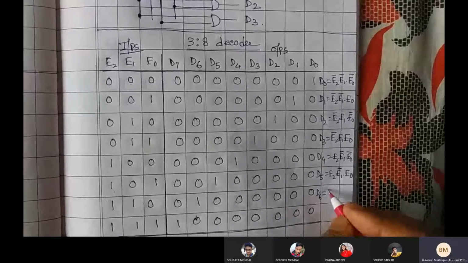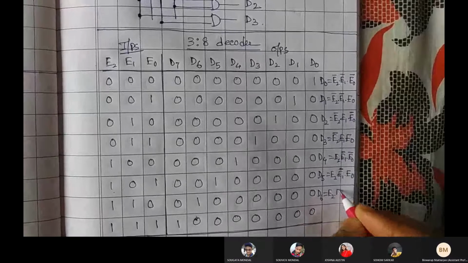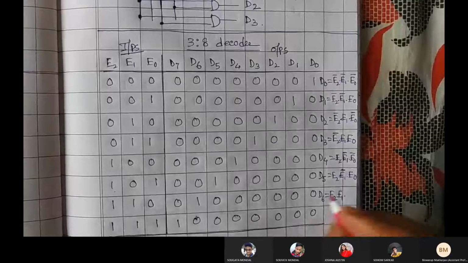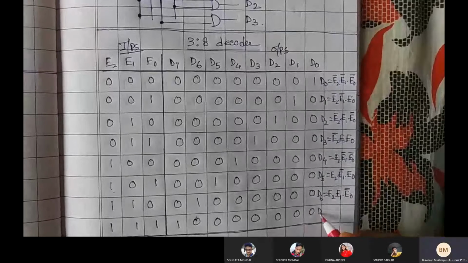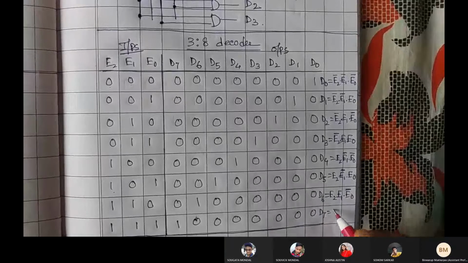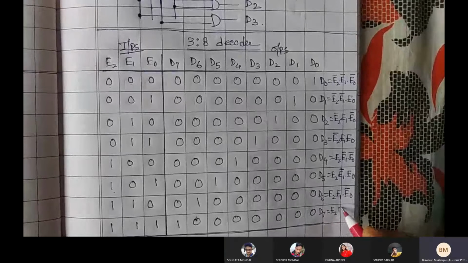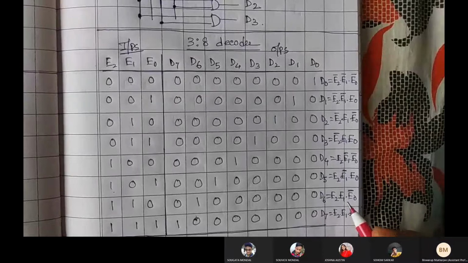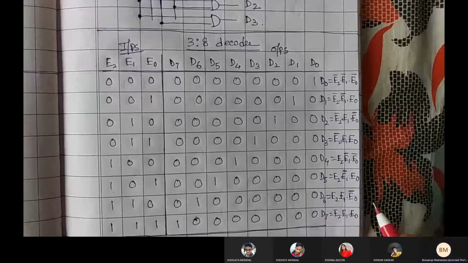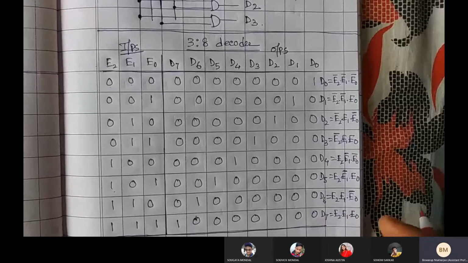D6 equal to E2, E1, E0 bar. D7, E2, E1, E0. Okay. Am I clear on these expressions?